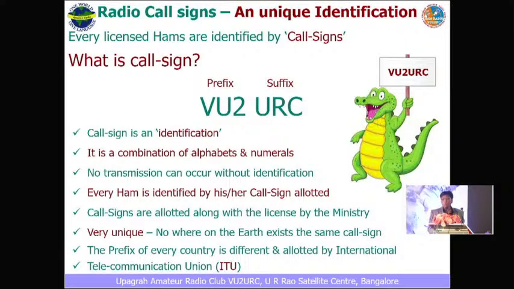This is called NOAA 18, which belongs to NASA, America. It is one of the Earth observation satellites in their fleet. One of the latest satellites, not very latest. It was launched on 20th May 2005. So it's quite an old satellite, but very strong and steady, still serving the purpose.